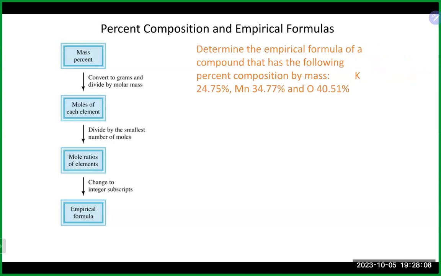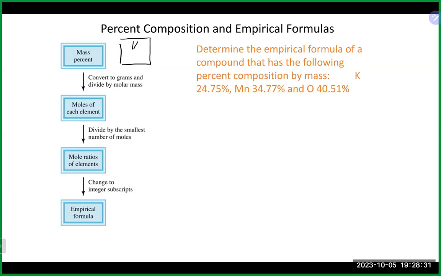All right, so once you try this, determine the empirical formula of this compound that's been found to have 24.75% potassium. It's all by itself up there on top. 34.77% Mn and 51% oxygen. Let me give you some of these numbers that might be helpful.